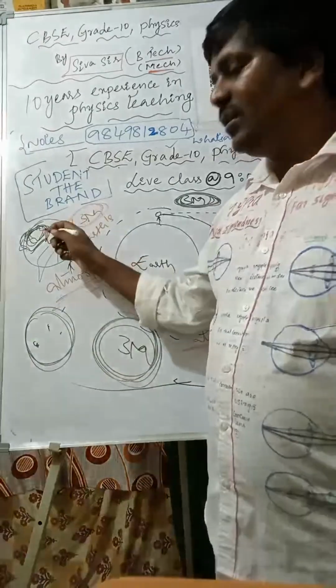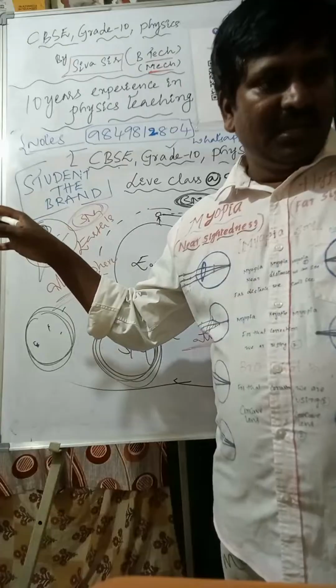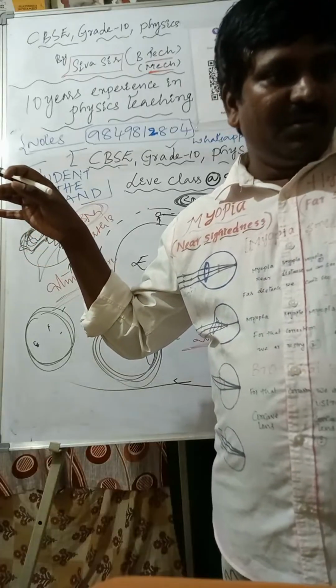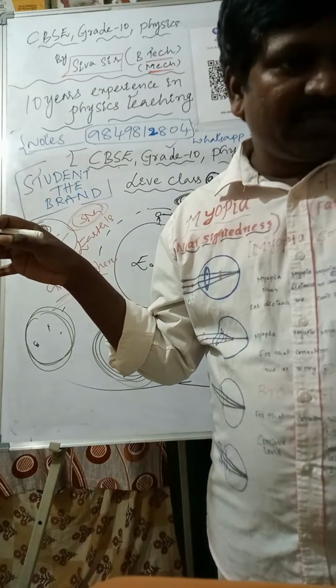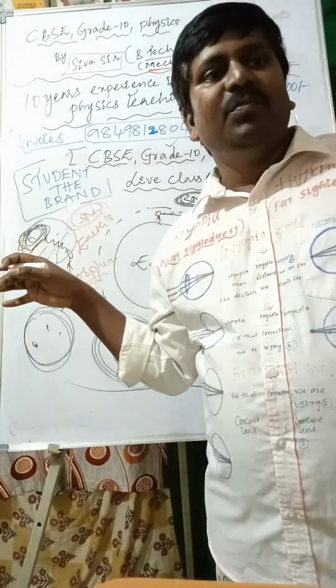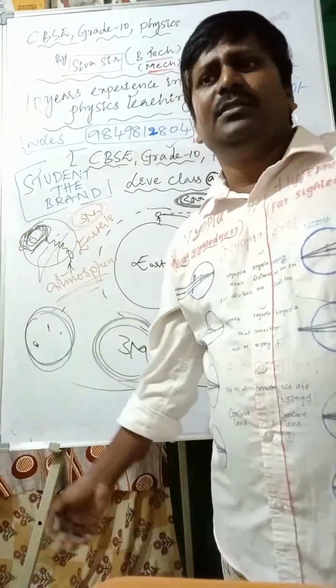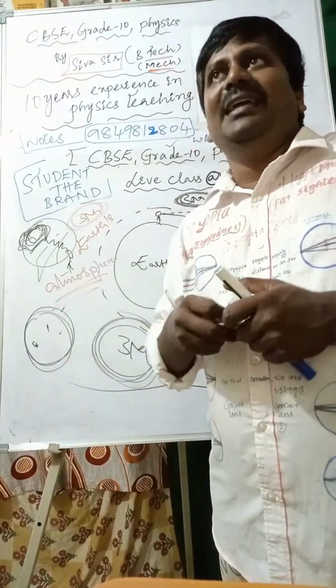So here the stars twinkle because of continuous atmospheric refraction. Then how do astrophysicists study stars? Because of this, they would not be able to understand clearly, right? There are telescopes, right? With our eyes it is blinking.